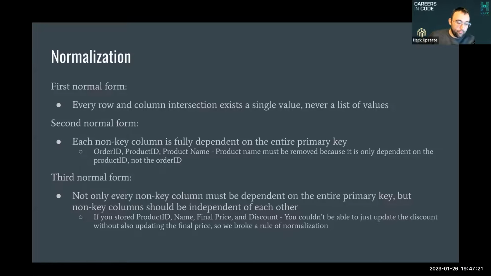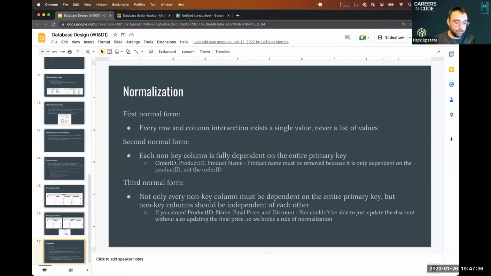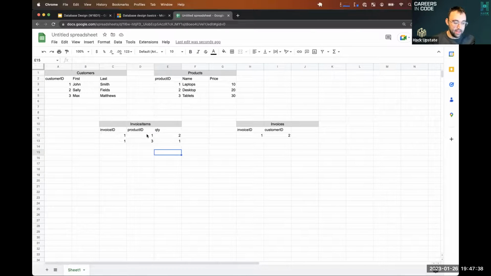The first normal form says every row and column intersection has a single value, never a list of values. Why? Well, I can't go back to my database and say, hey, my invoice items has product ID 1, 5, and 7 on them.